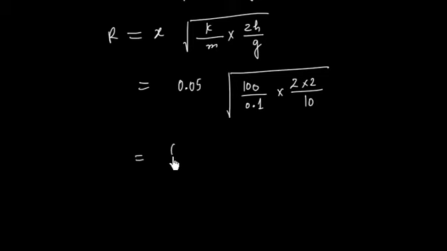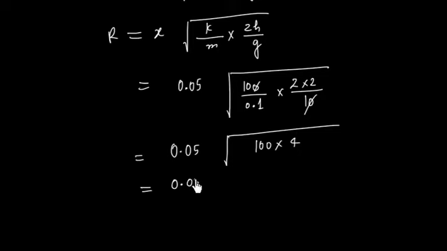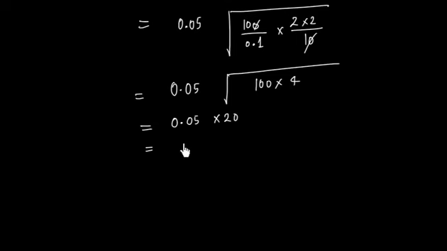So we will have 0.05 and this is 10 goes. So we will have 100 into 4, that is 400. So we will have 0.05 into 20, or we will have 5 by 100 into 20. So this is 1 meter.